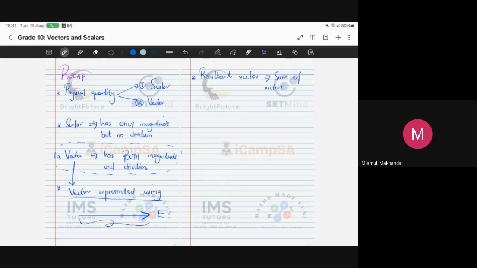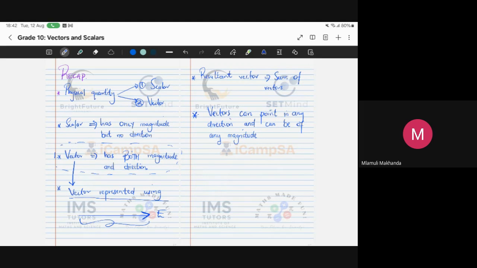And then, last point, we said vectors can point in any direction and can be of any magnitude. Right. So that's what vectors can do.